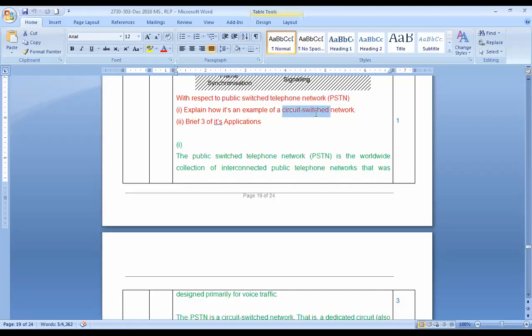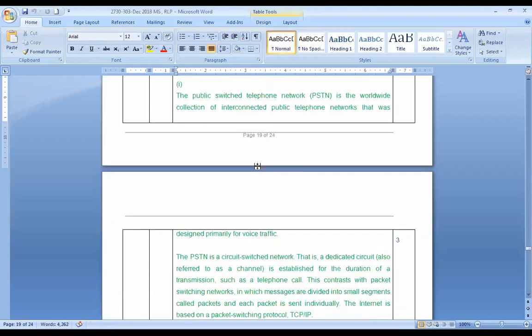Switching happens because of a specialized circuit. And what are its applications? Very simple question, right? The public switched telephone network is a worldwide collection of interconnected public telephone networks that was designed primarily for only voice traffic.